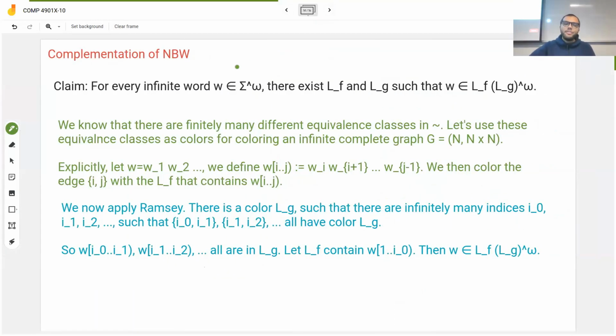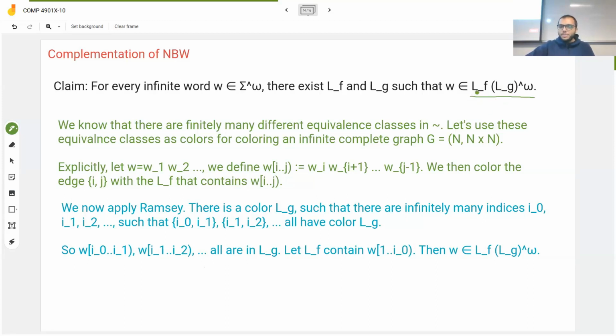I say every infinite word W can be decomposed in this format. It can be decomposed such that it has one finite word from some L of F, from one of the equivalence classes, and then it has an infinite number of finite words from another equivalence class.